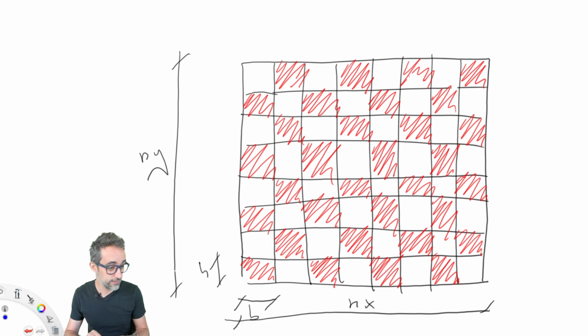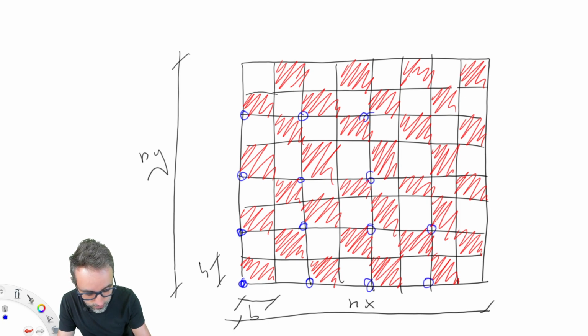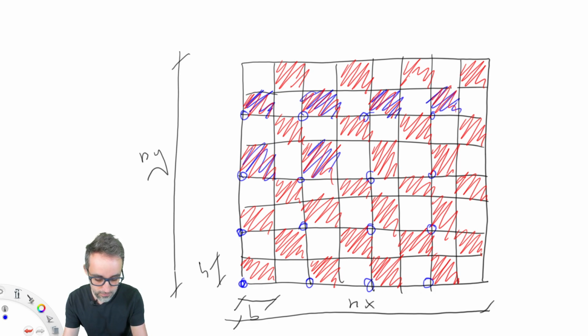If I create a grid that has a point here, another point here, and so on, all of these points, then you see how I can create rectangles that are going to live here, here, here, and so on. So I can create half of the rectangles by just creating a grid that lives on top of that.